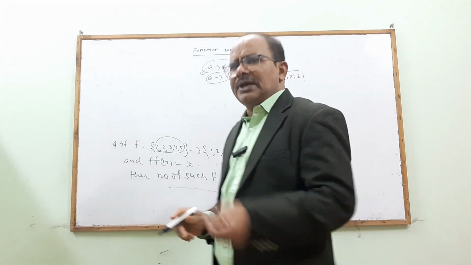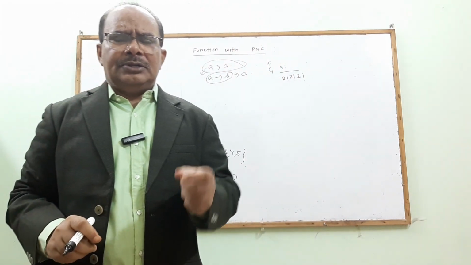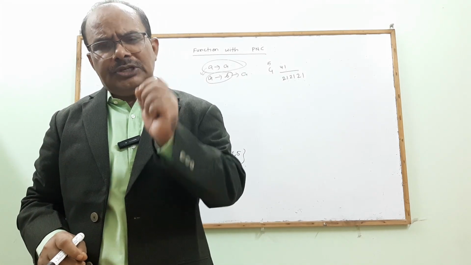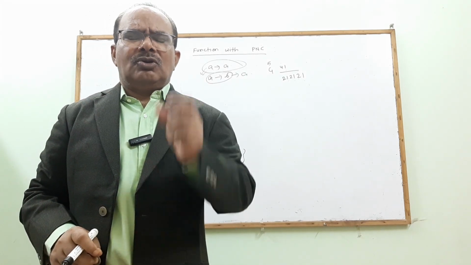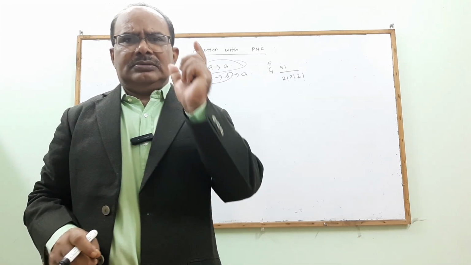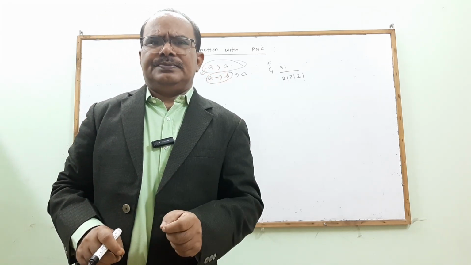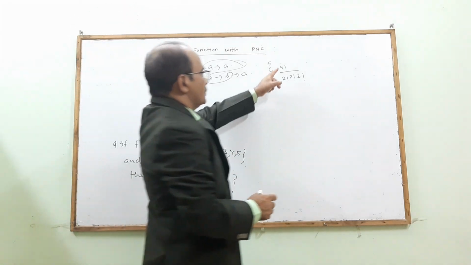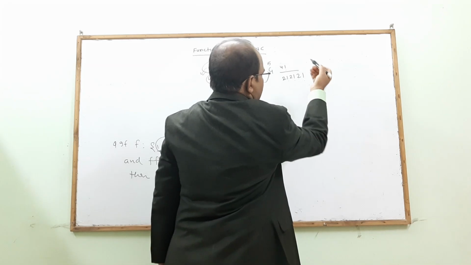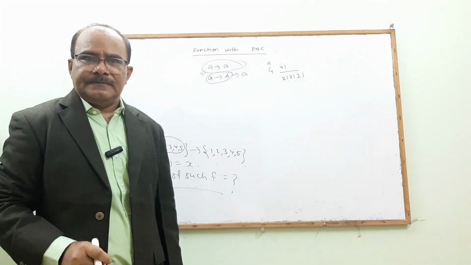Means we have to divide 4 elements into 2 equal groups containing 2 elements in each group.